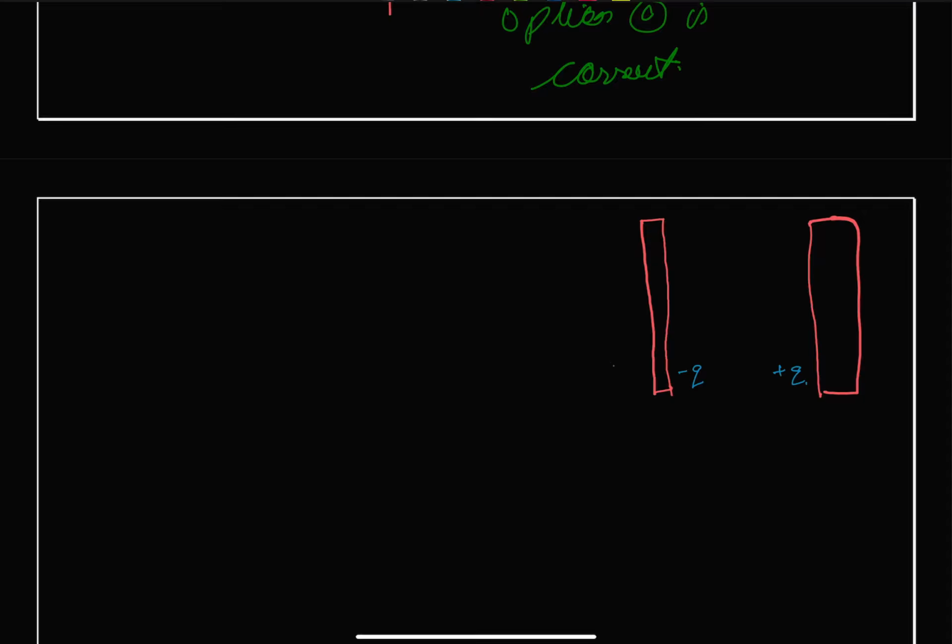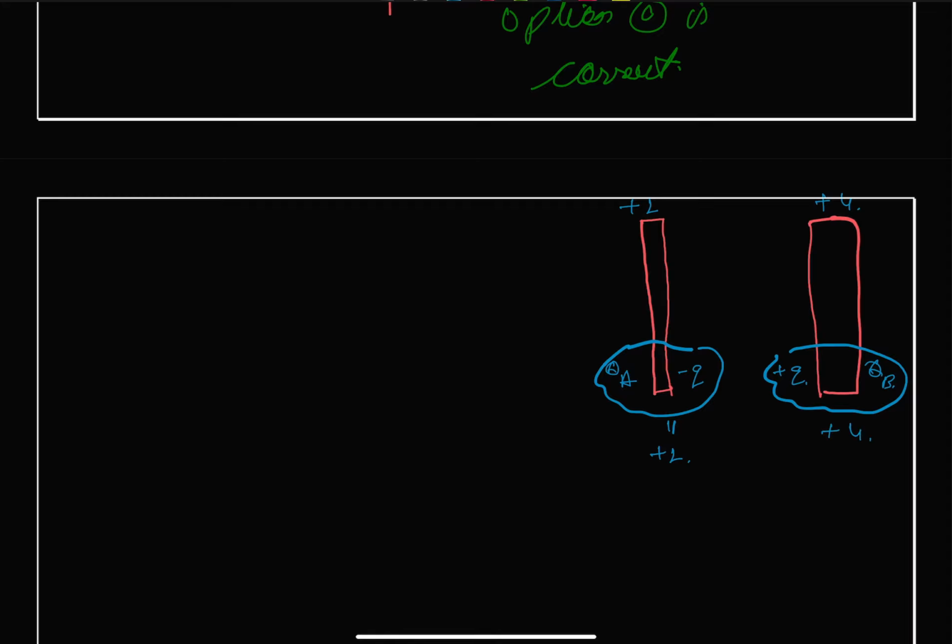Let us call these QA and QB. They can be the same or different. Here we are given plus 2 microcoulomb and plus 4 microcoulomb. The summation of both charges on the first plate should be equal to plus 2, and on the second plate the summation should be equal to plus 4.